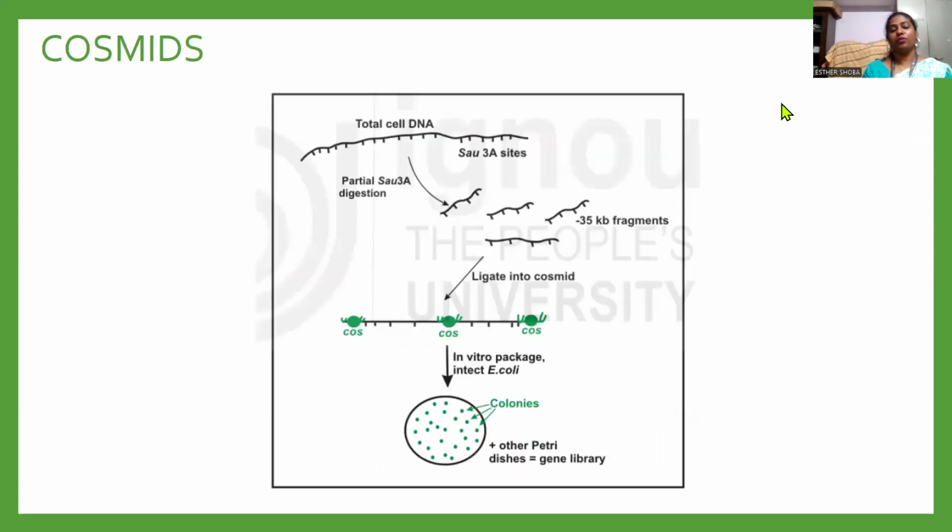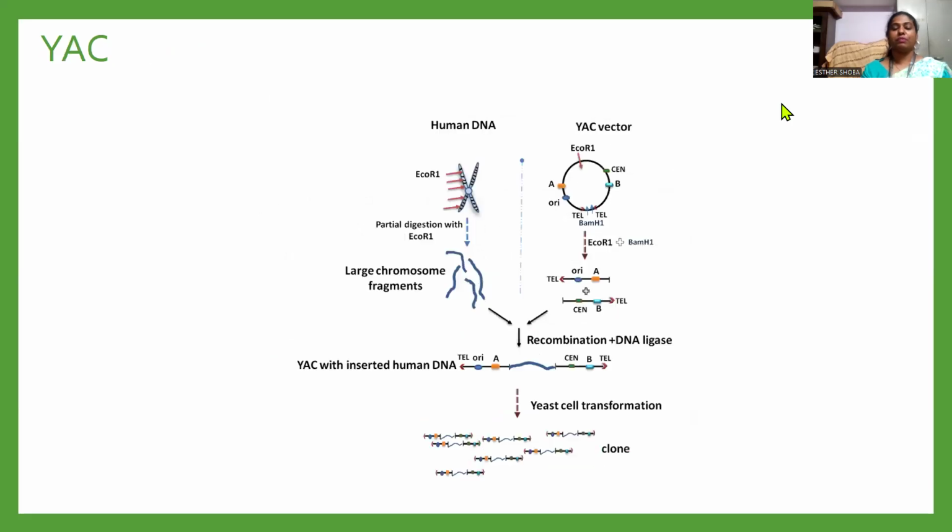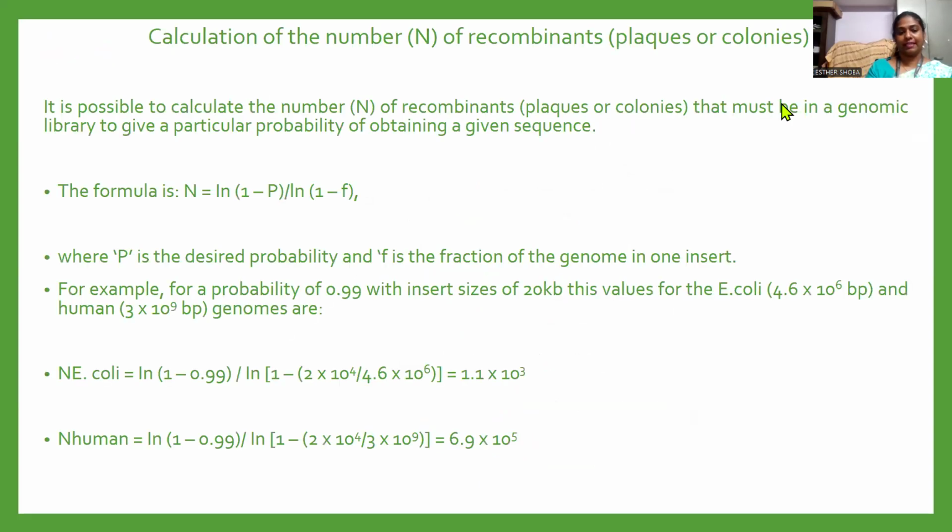This shows the usage of cosmids as the vector. This picture shows the use of a YAC vector to construct a genomic DNA library of human cells. How do we know the probable number of recombinants that can be obtained from a given organism?